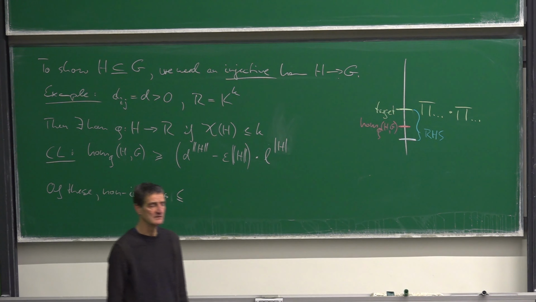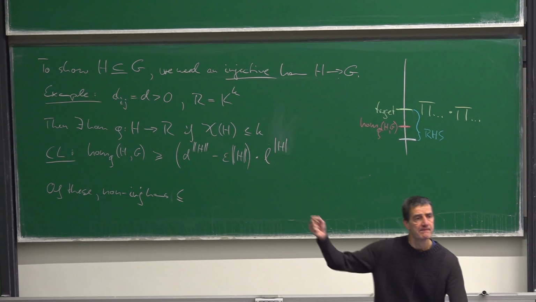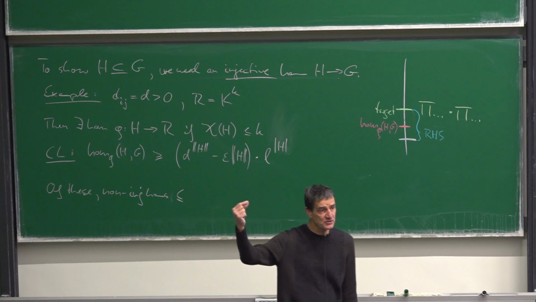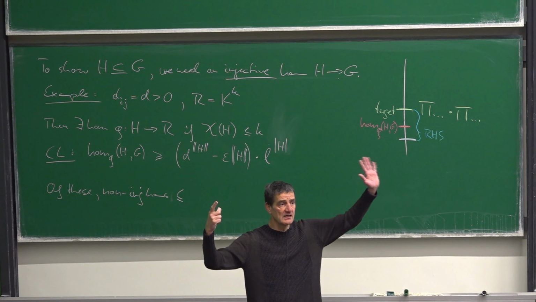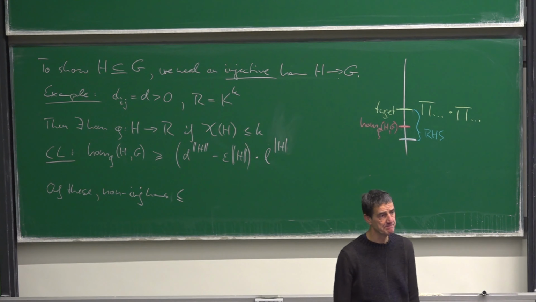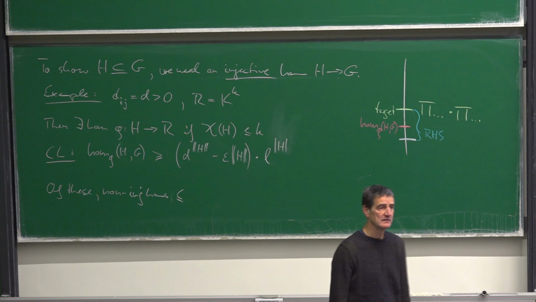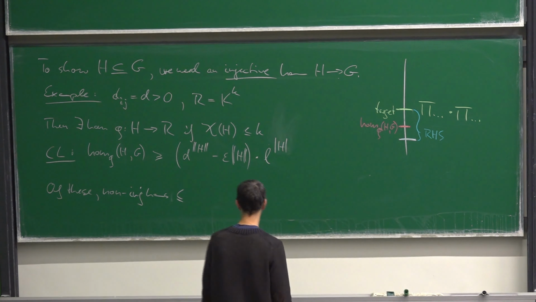Well, how do you get a non-injective homomorphism? It's non-injective when two vertices of H get mapped to the same vertex of G. How many maps are there?